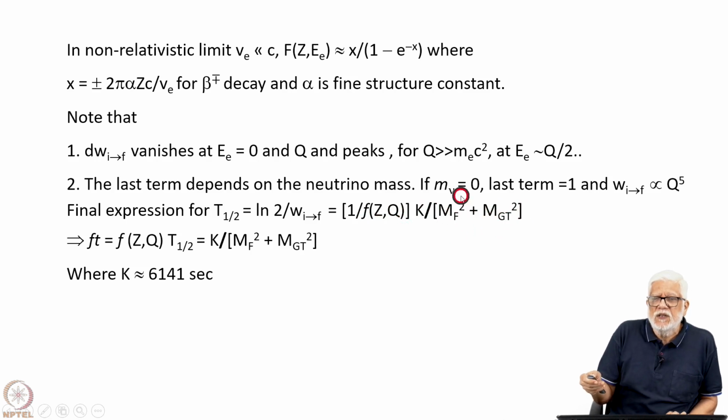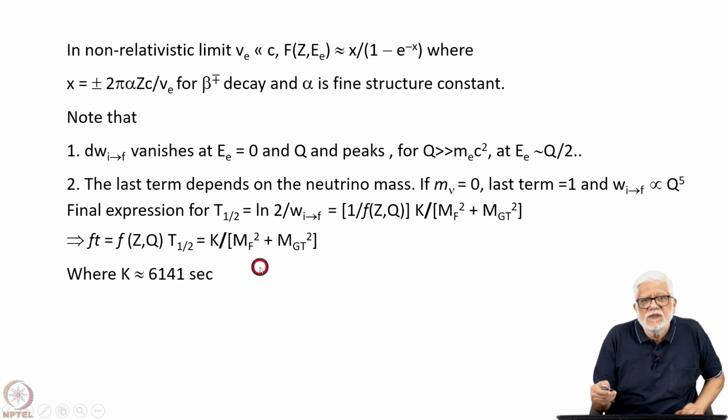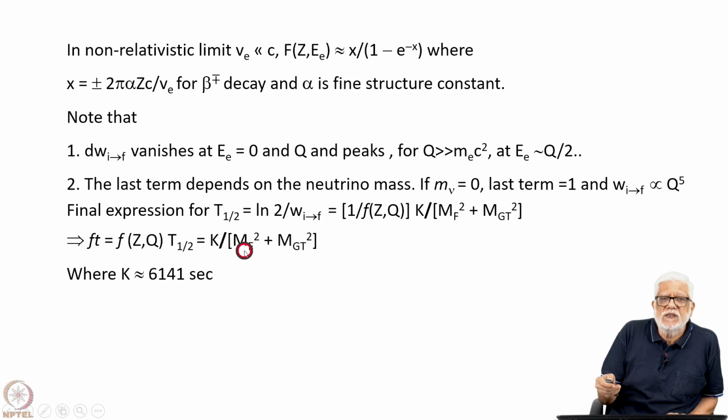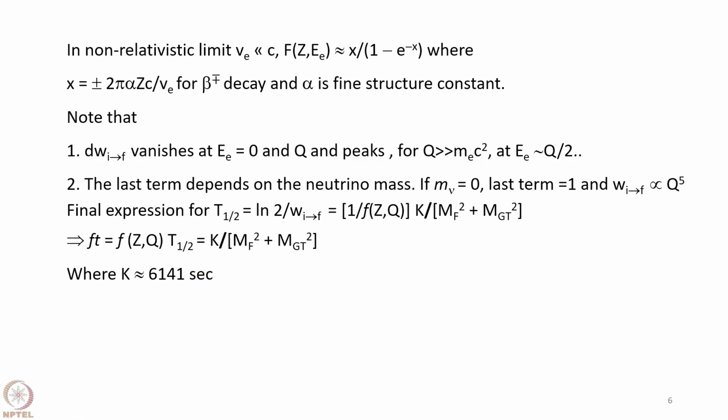We will come to what the Fermi and Gamow-Teller contributions are. In any case, the ft value is actually some constant divided by this (M_F + M_GT) whole squared. So this is a number, and we'll see how that changes with allowed decays and forbidden decays and so on, with different values of forbiddenness.